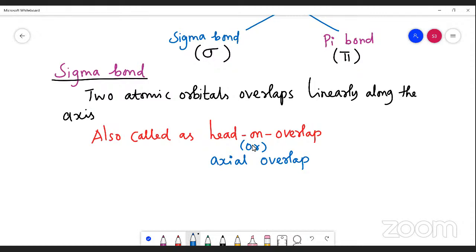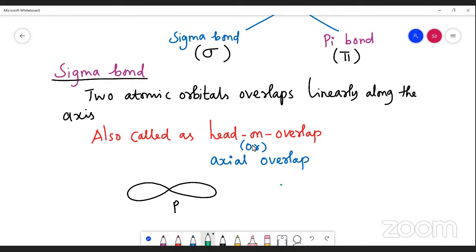Now I'll show the head-on overlap. If you take the p orbital, we know the shape of the p orbital is dumbbell shaped. Take one p orbital like this, and a second p orbital like this.